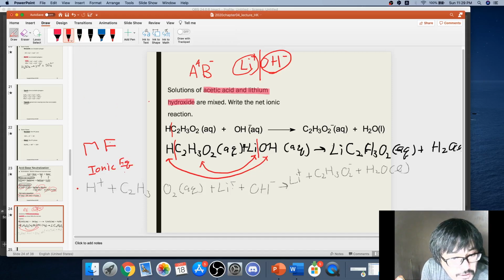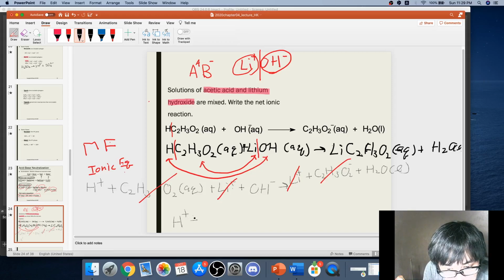And then the net ionic is where we cancel the species on both sides, right? So the lithium shows up on both sides, and that one right there is going to cancel. Then what do we have? We have H plus and OH minus becoming H2O liquid.